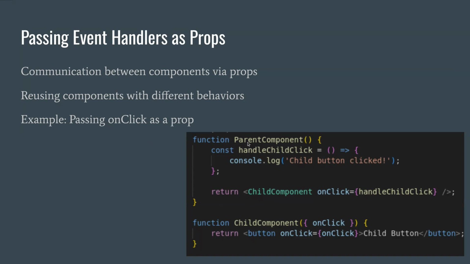So if you look at this parent component and child component, the parent component is where you define the handleChildClick, and then the child component receives handleChildClick that is defined in the parent component, and then returns a button that has the parent's handleChildClick event handler attached.